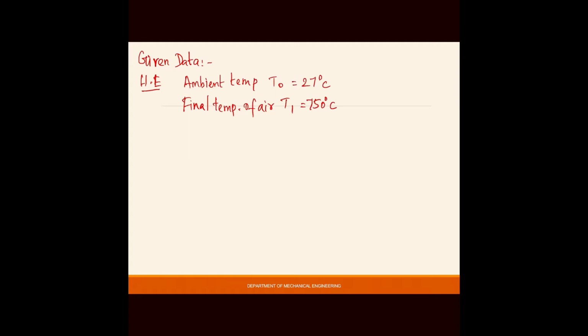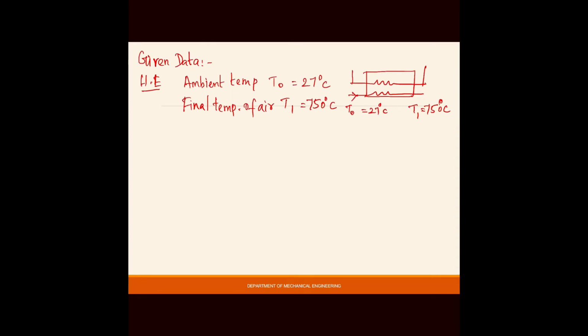For example, this is the heat exchanger. The inlet of the heat exchanger is T0 at 27 degrees centigrade. After the heat exchanger, the air is heated to 750 degrees centigrade. It is denoted by T1.